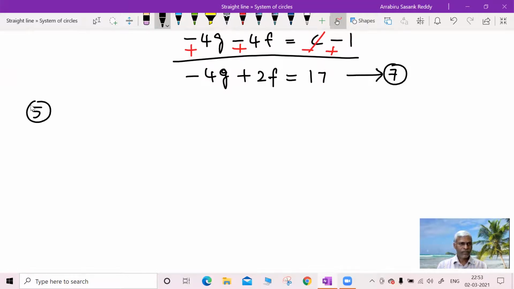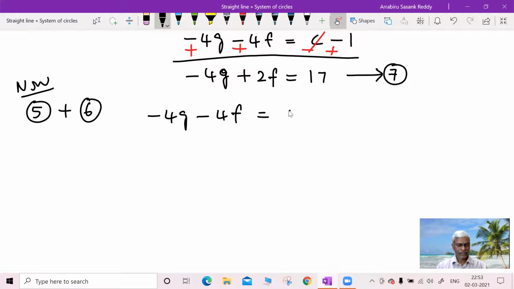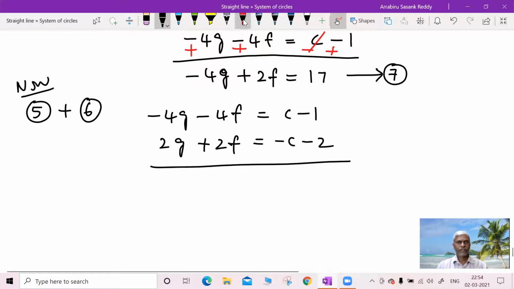Now adding equations 5 plus 6: minus 4g minus 4f is equal to c minus 1, the fifth equation, and 2g plus 2f is equal to minus c minus 2. So adding this, c minus c will get cancelled.